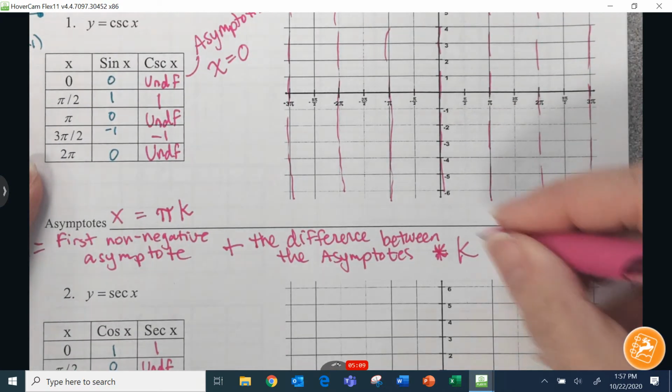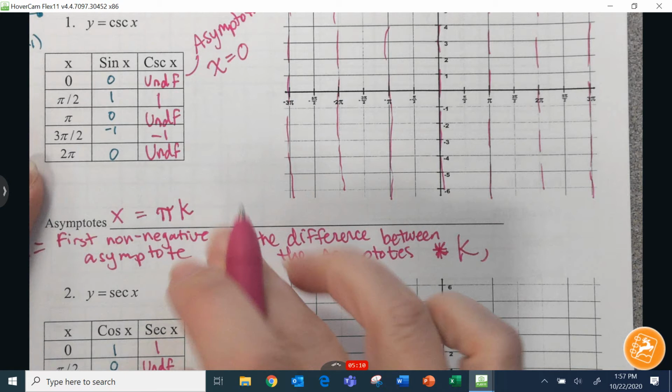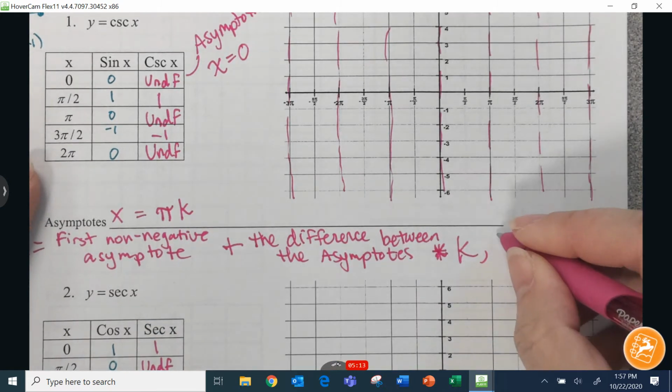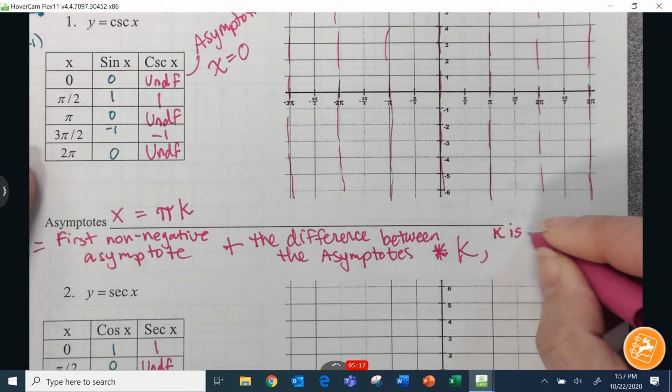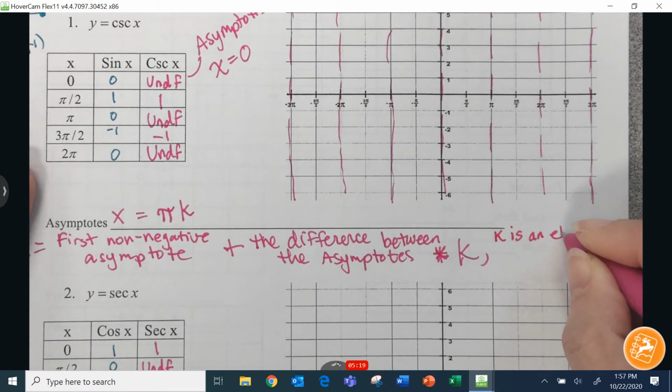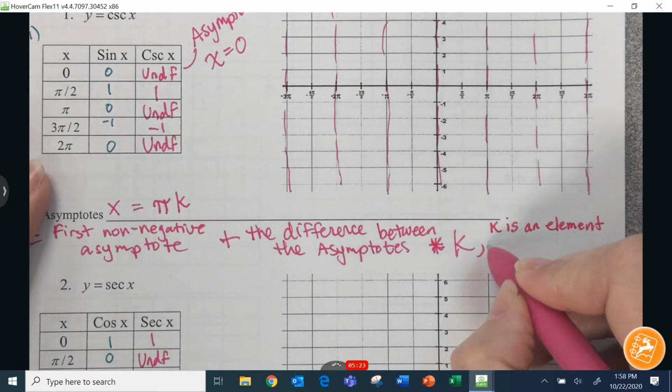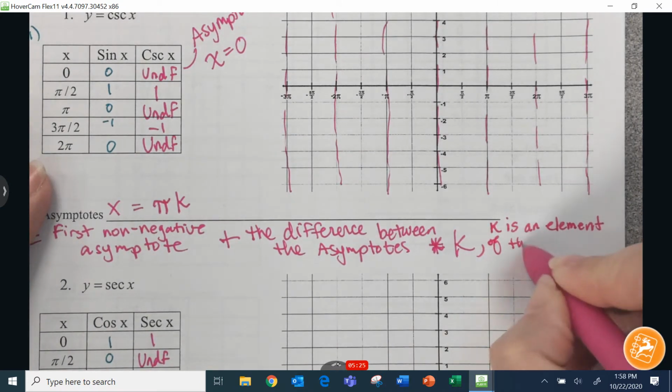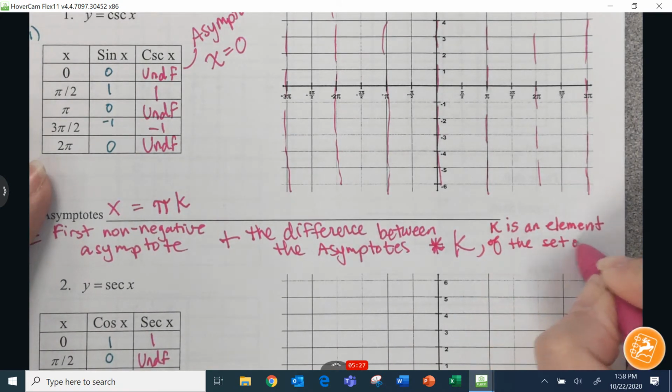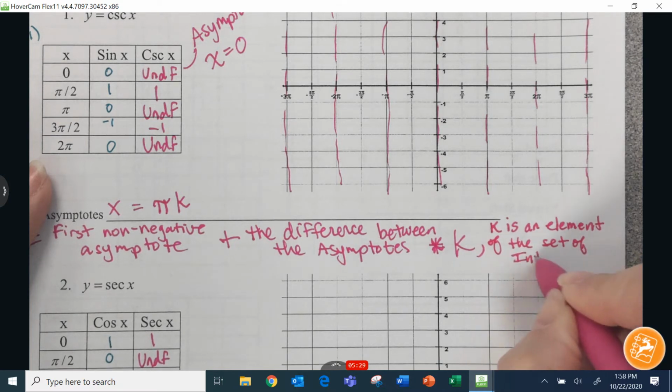So I'm going to have a comma, and I'm going to write that k is an element of the set of integers.